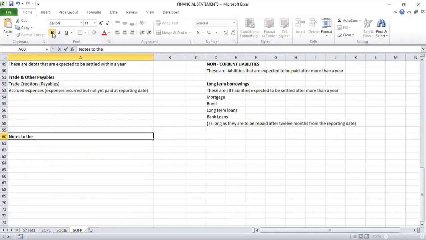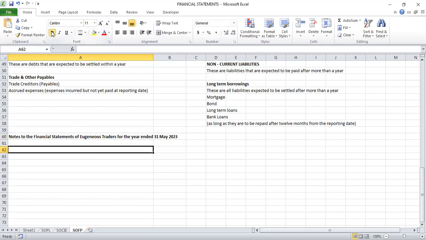Financial statements of Eugenius Traders for the year ended, let's say, 31 May 2023. Then they prepare a note which is called property, plant and equipment.